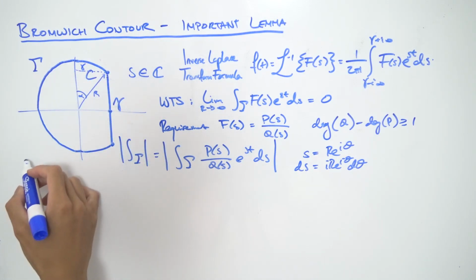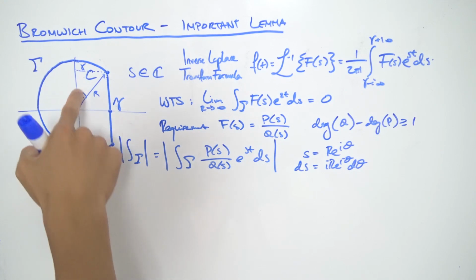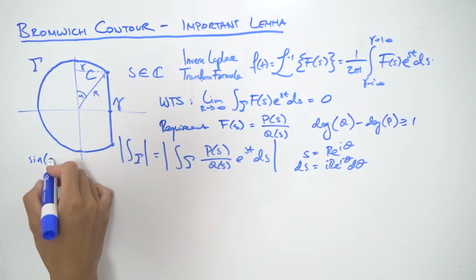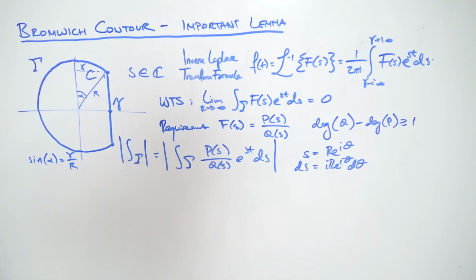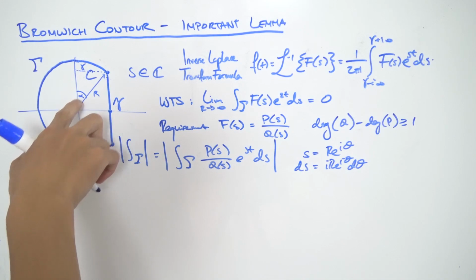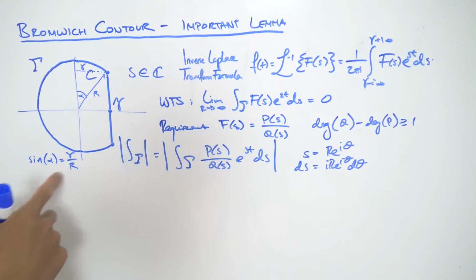So the sine of alpha, being opposite over hypotenuse, is exactly gamma divided by r. I'm just going to leave this angle as alpha because I don't want to write sine inverse of gamma over r all the time.